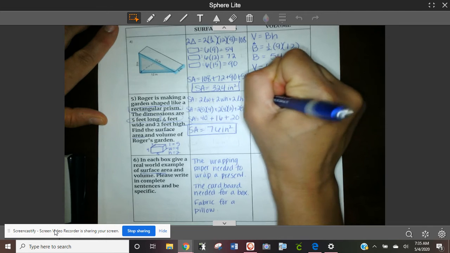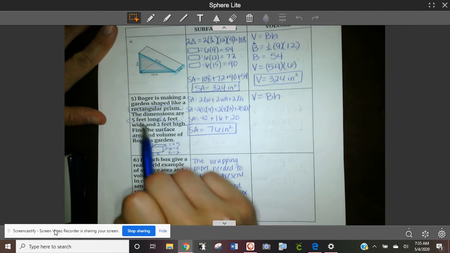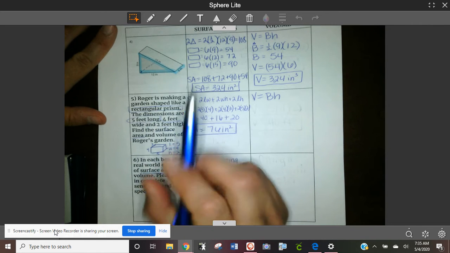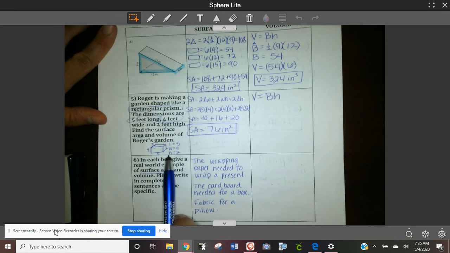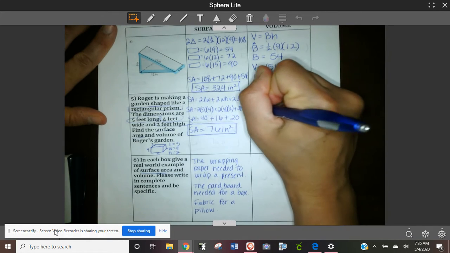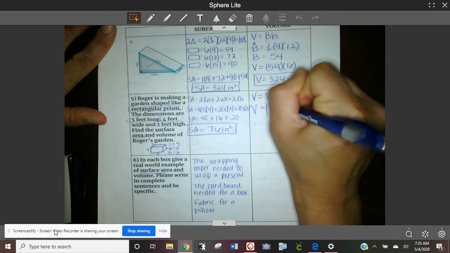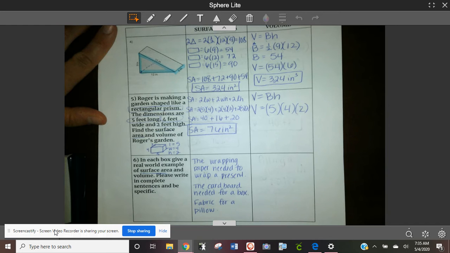Okay, and our last mathematical example, we were talking about this garden-shaped rectangular prism. Okay, the dimensions are the length is 5, the width is 4, and the height is 2. So for this one, again, we are just multiplying the 3 dimensions together.